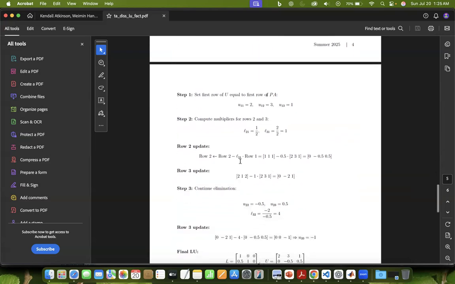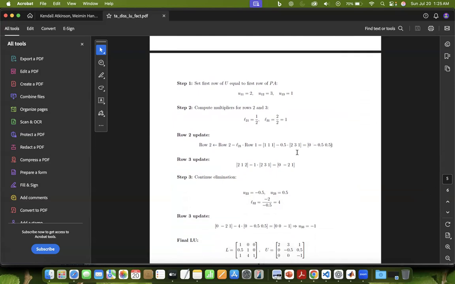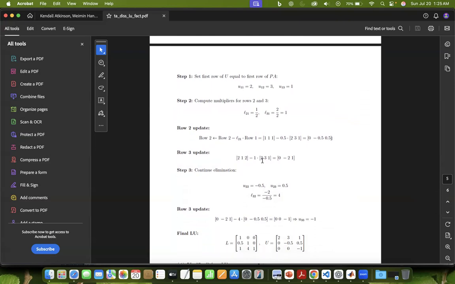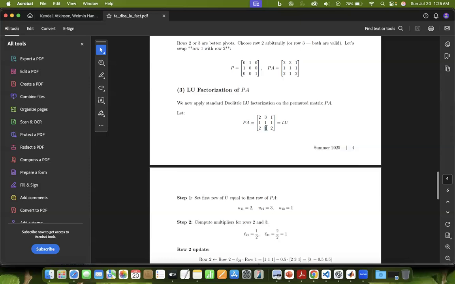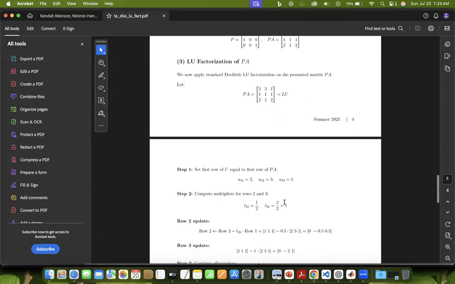And then transform the row to be row 2 equals row 2 minus L21 times row 1. That's going to give you 0, minus 0.5 and then 0.5. Now this is what your row 2 transform looks like. For row 3, L31 is going to be 1.